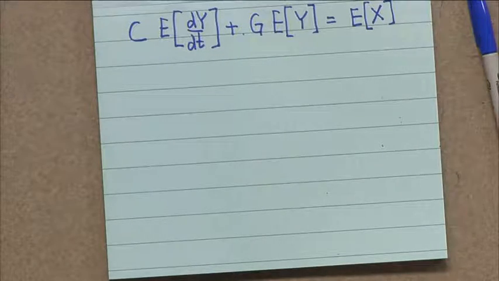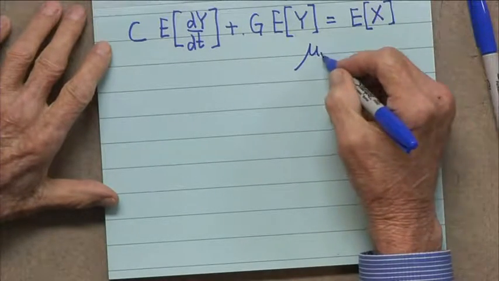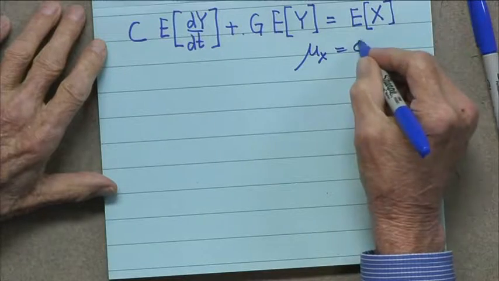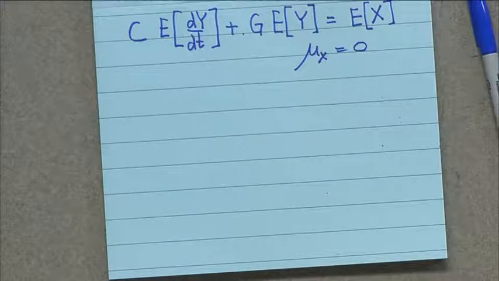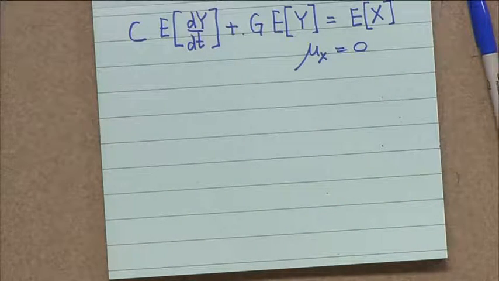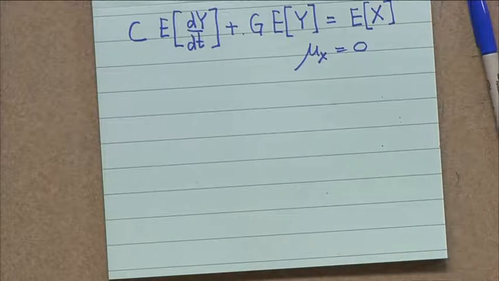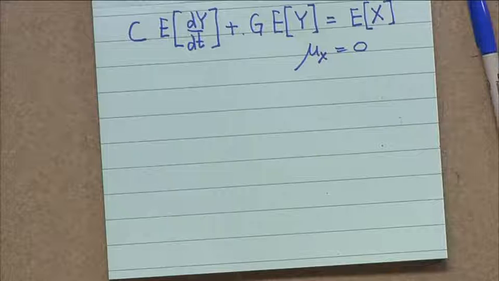And we'll say mu x is equal to 0 as a zero mean. For example, the telegraph signal has a zero mean if it goes between 1 and -1. It doesn't have a zero mean if the telegraph signal goes between 1 and 0.